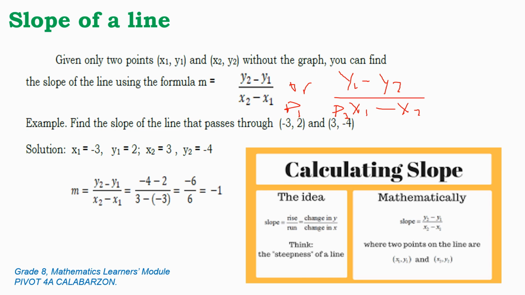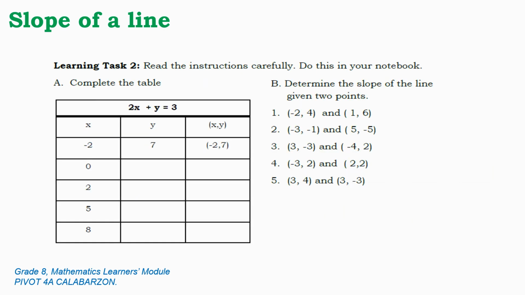Negative 6 and 6. Diba? So, pareho ang natin nakuha. So, two ways kung paano maghanap ng slope. Gusto mo i-plot yung point, gusto mo yung formula. Okay. So, alam natin na yung ating formula, paano kumuha ng value ng slope. Tatandaan nyo yung dalawang paraan.